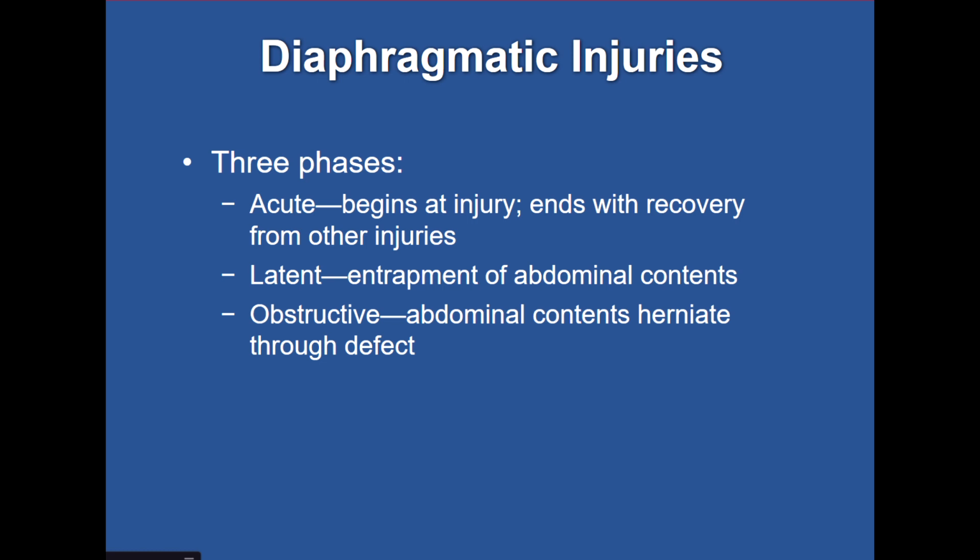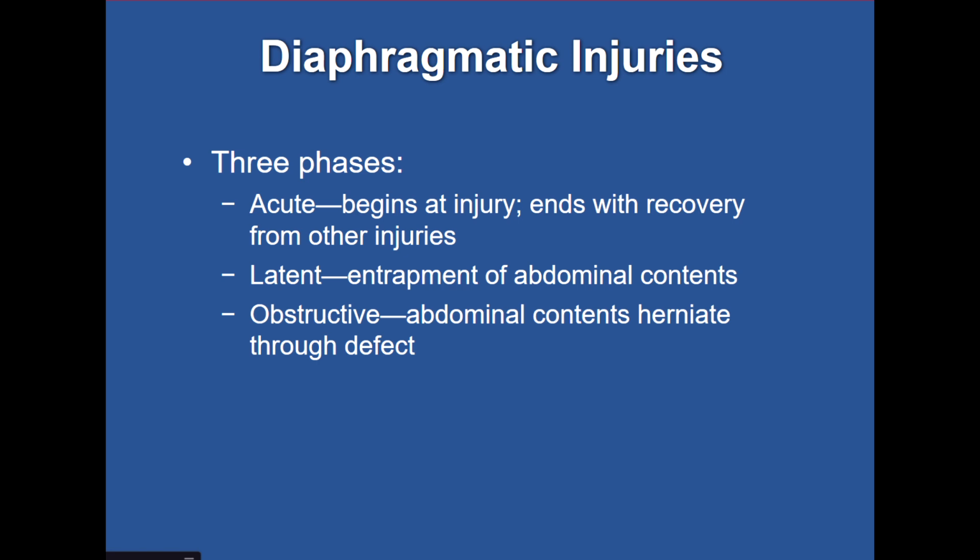You'll actually see herniation of those abdominal organs pushing through into the thoracic cavity, and then as that diaphragm starts to contract, it can actually squeeze those organs that are somewhat protruding through into the thoracic cavity, which can cause an obstructive issue.